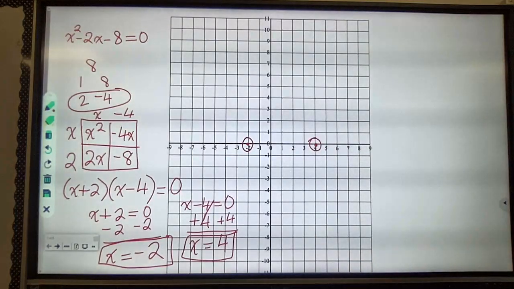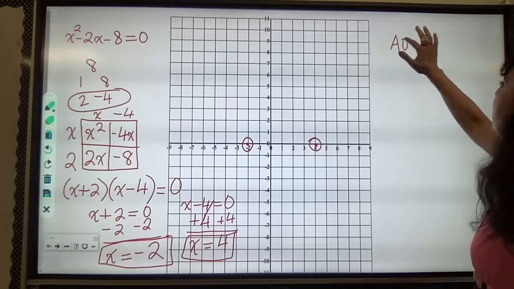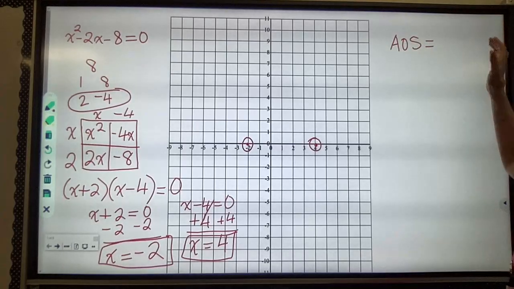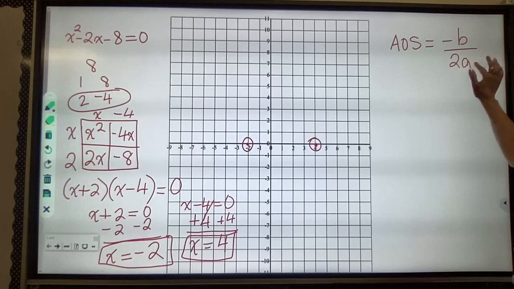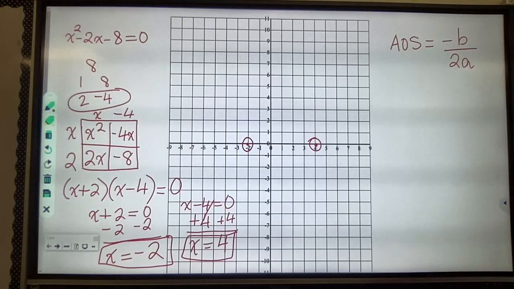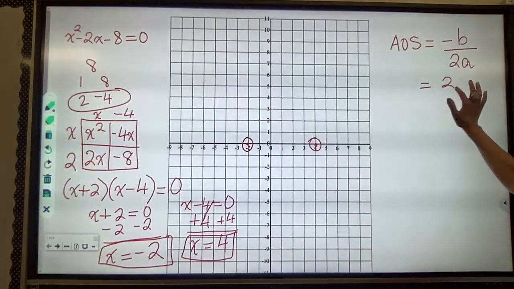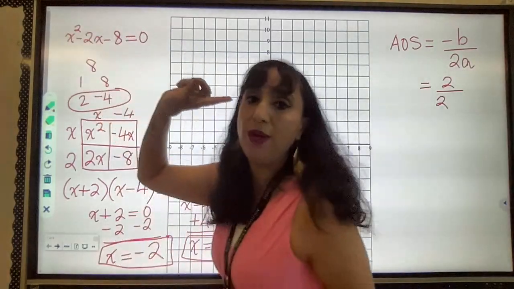Okay, next thing I'm going to do is find the axis of symmetry. So we are trying to see what x is: the opposite of b over 2a. Okay, and so the opposite of -2 is going to give me 2, and 2 times a, which is 1.